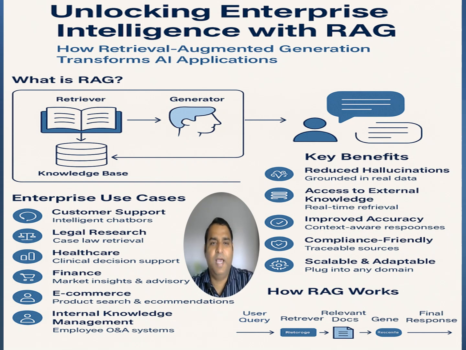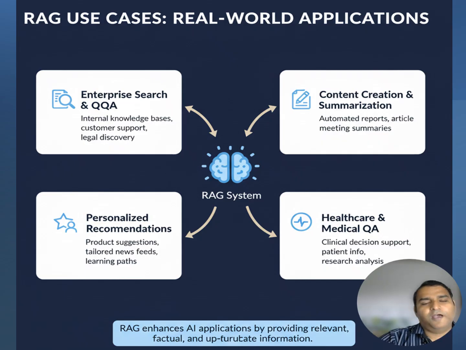Primarily, we have seen the benefit of vector RAG coming in most enterprise use cases. First, enterprise knowledge assistance, where people create internal systems that support employees, like answering HR or IT policy questions.